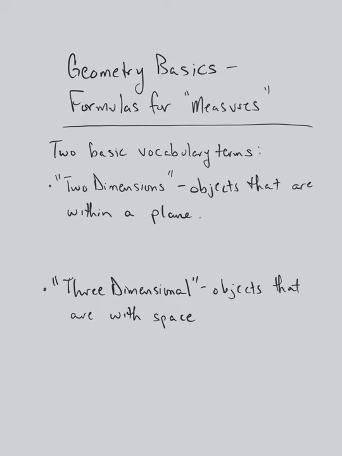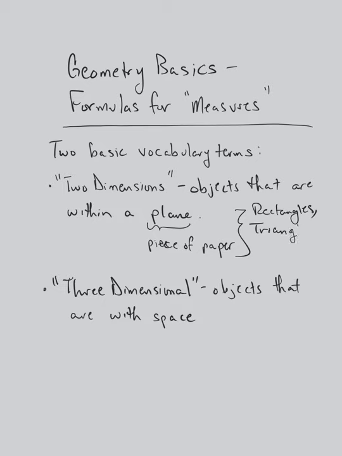Okay, so we need to talk about two basic vocabulary terms to start talking about these measures. There's the idea of being in two dimensions, and these are the objects that are within a plane. If you're not familiar with that word plane, you can just think about it as being like a piece of paper. So objects that are within a plane, or two-dimensional, are things like rectangles and triangles.